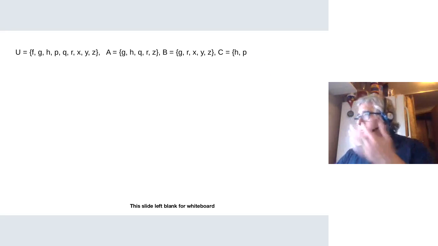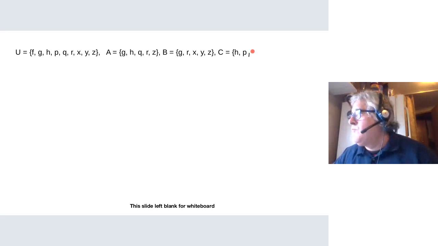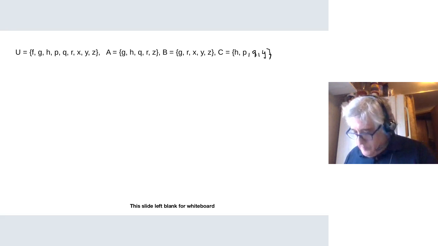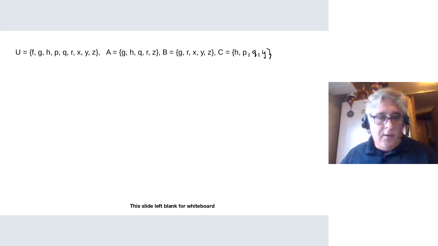All right, I have to write it. And that's a bracket. All right, so we wanted to find, what was it? It was to find out what's A union B intersection C complement all. Okay.